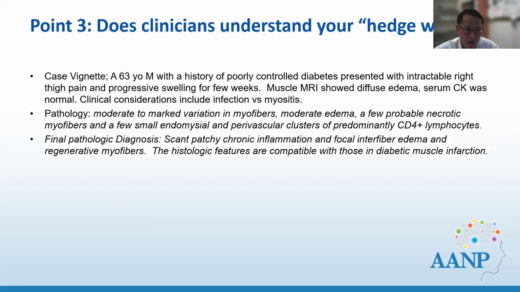And compatible with is an even weaker description. That means this entity can look like this, but it can also look like others, and other entities can look like this. So it's a very weak diagnosis by pathologists.